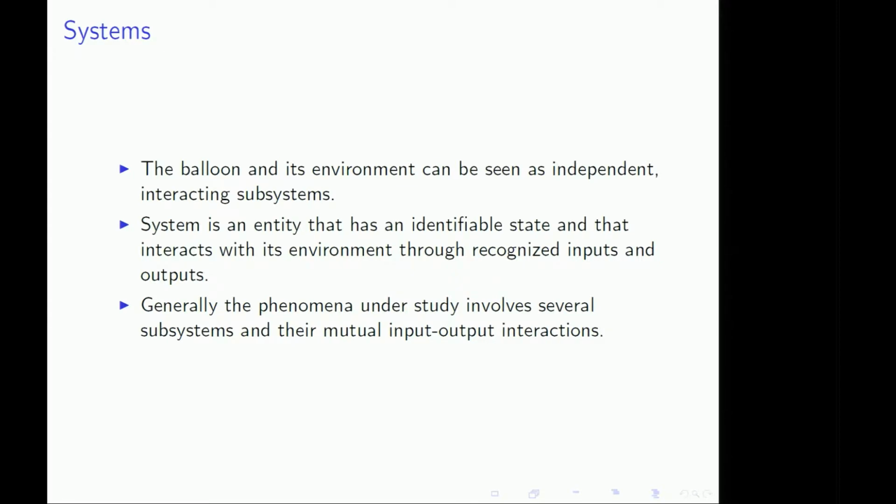So how the system communicates with the environment is understood and modeled. Typically, when we are modeling some phenomenon, there are several subsystems, like in our balloon case, the balloon cover, exterior, and several input-output interactions between them. So these are the things that we actually model.